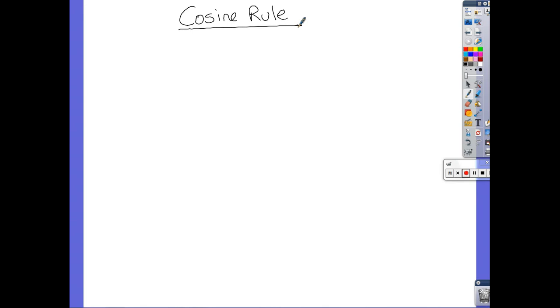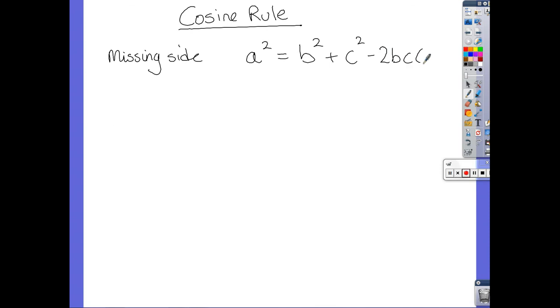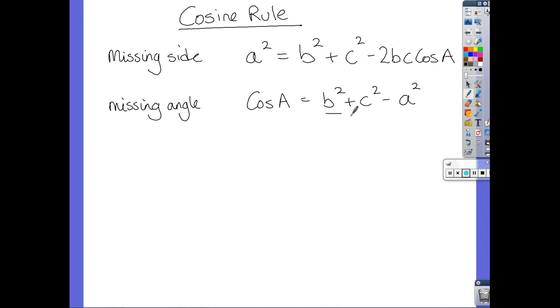And that formula has two forms. So for a missing side, you would use this form, a squared equals b squared plus c squared minus 2bc cos A. And for a missing angle, you use this form here, which is cos A equals b squared plus c squared minus a squared over 2bc.